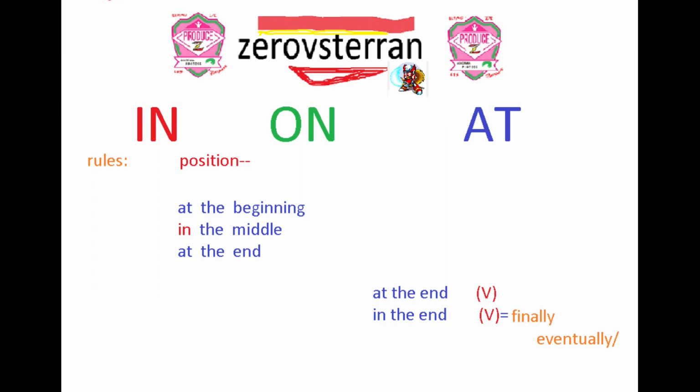Now, we can say in the end. That expression exists, but it means the same as eventually or finally. For instance, I was waiting for the bus for 1 hour, and in the end, I got a taxi.